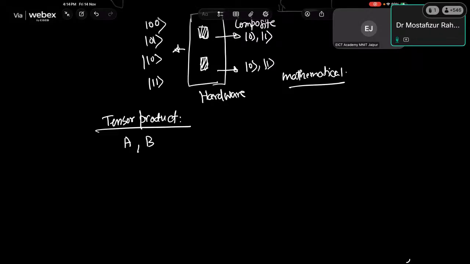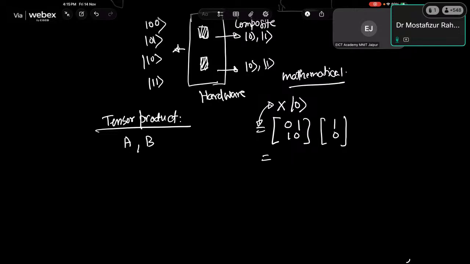By the way, suppose you apply an X gate on state 0. Pauli X means a rotation matrix 0, 1, 1, 0 times the vector 1, 0. This and this are the same thing. If you do this, you will get 0, 1.